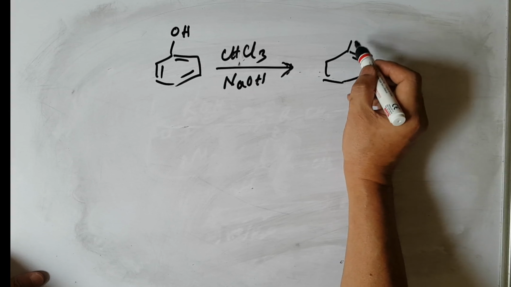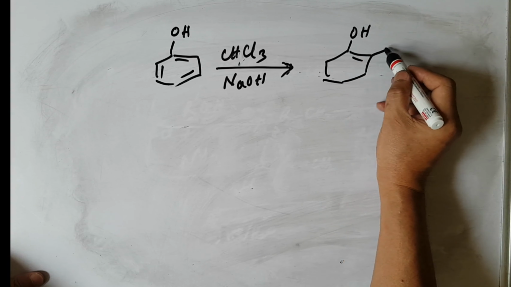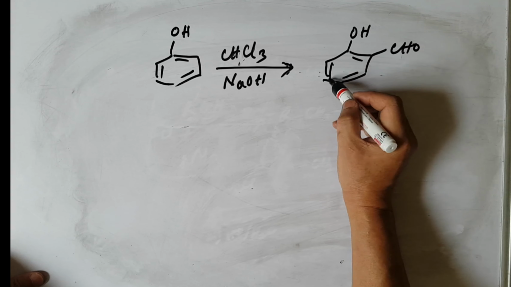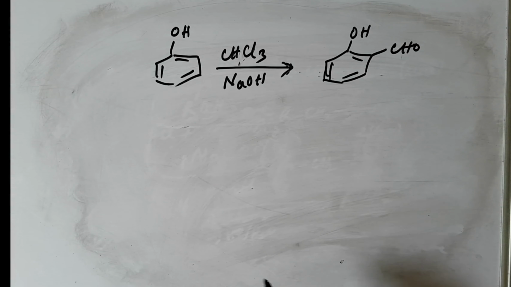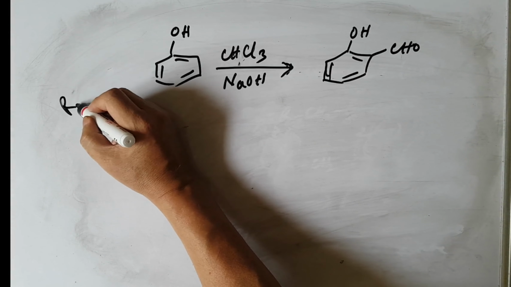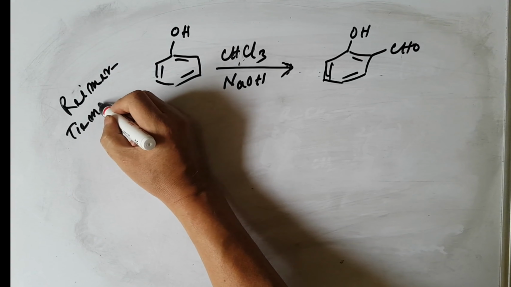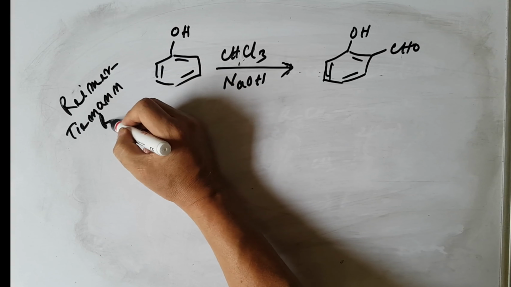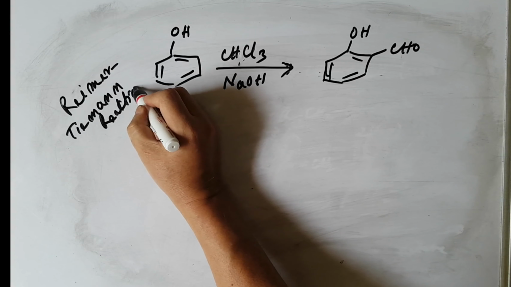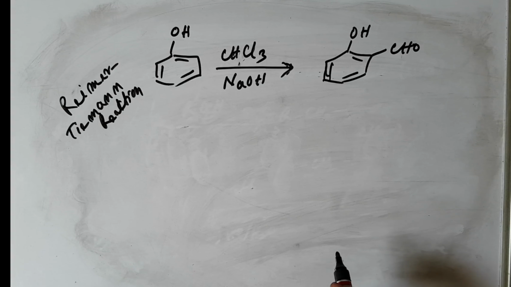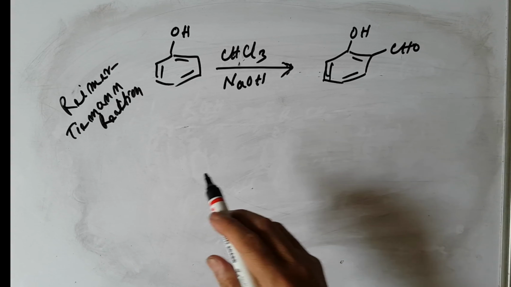Salicylaldehyde, an aldehyde carboxylic acid. So this is known as the Reimer-Tiemann reaction. This is one of the important reactions using carbene, where phenols are converted to salicylaldehyde.